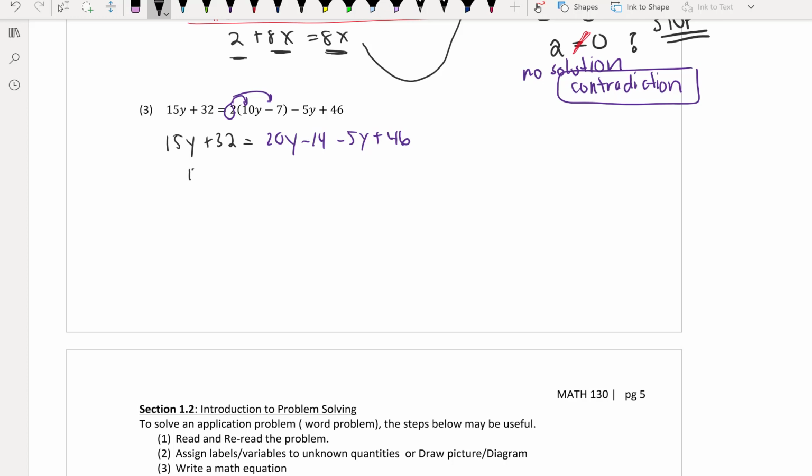So now 15y plus 32 is equal to, and for my y values, 20 minus 5 is going to be a 15y. So now negative 14 and a positive 46 is going to be a positive 32.